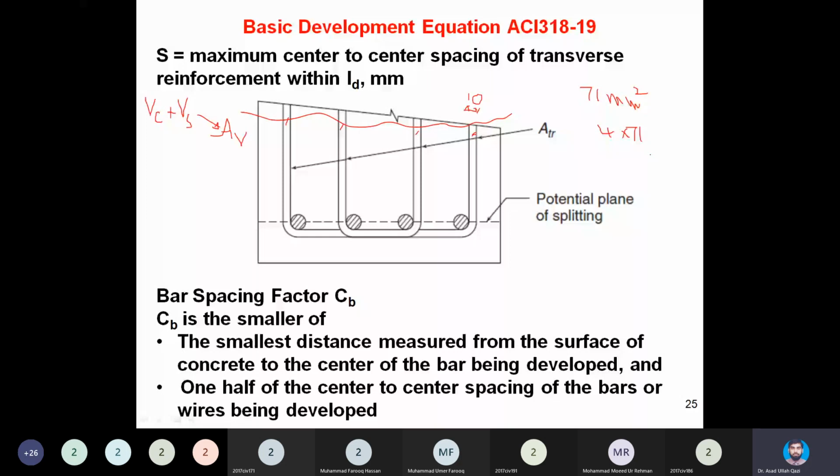In addition to this, we learned in the previous lecture that when the tangential component will apply circumferential hoop stresses on the cover concrete, and once those stresses exceed the tensile strength of concrete, splitting will initiate, and if bars are closely placed and edge cover is also less, the cracking may extend and then it may appear on the edge of the beam.